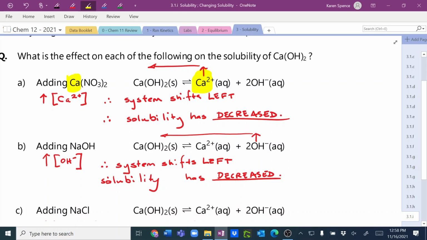So the calcium ion is common to calcium hydroxide and calcium nitrate. All the common ion effect says is if you add a substance with a common ion, it will decrease the solubility. But it's really just putting a name on a concept that you already know. But I find that just defining it makes it sound confusing and complicated.